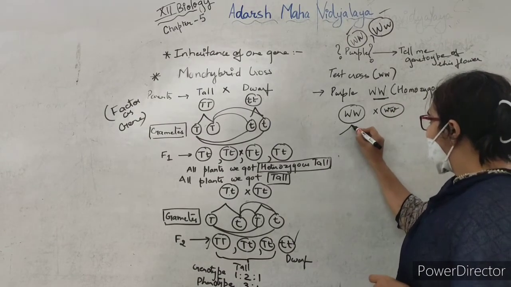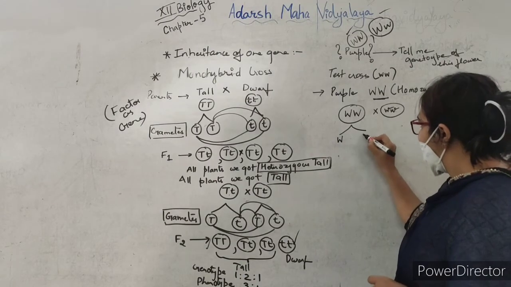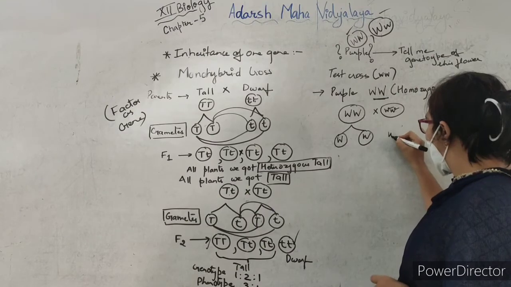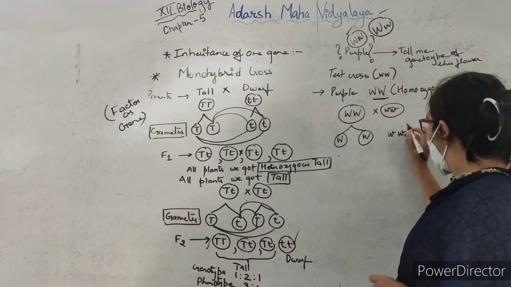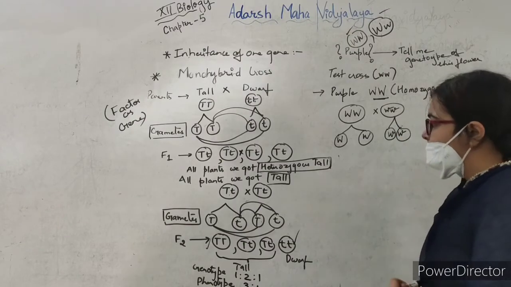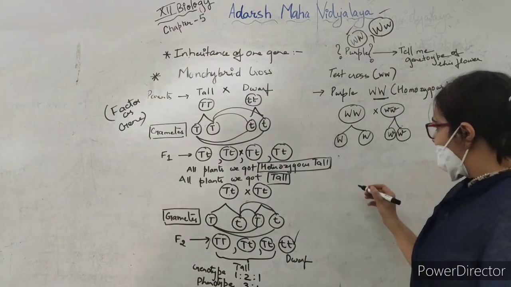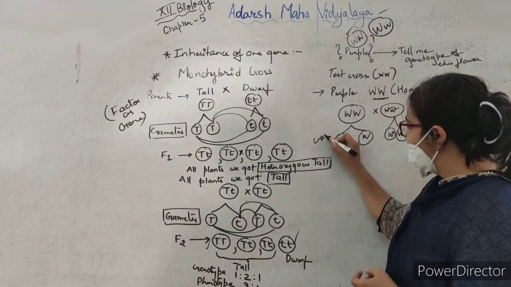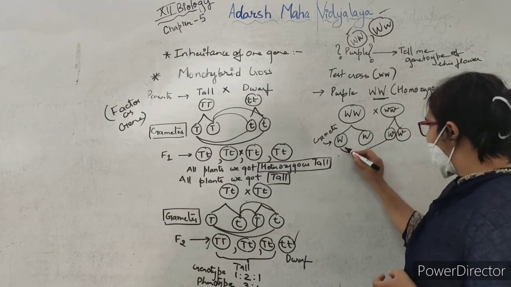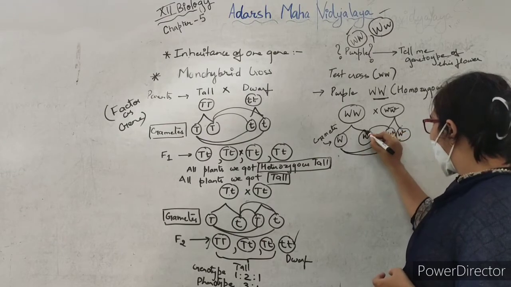So gametes will be there. And here you will get the what? This is the gamete and this is the other gamete. Now they will combine with each other. This one and this one, this one and this one.